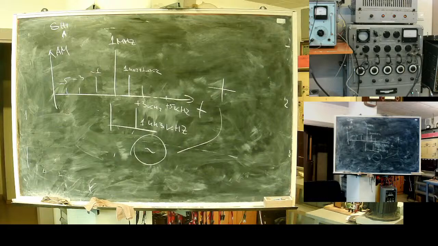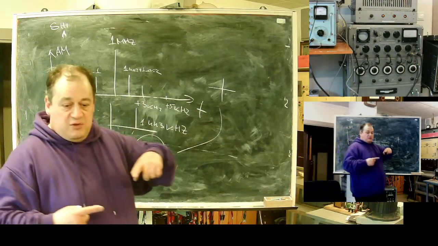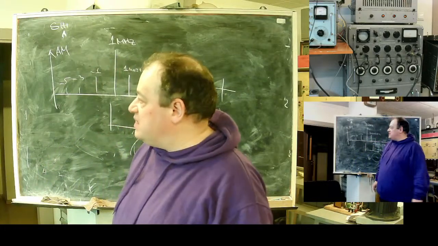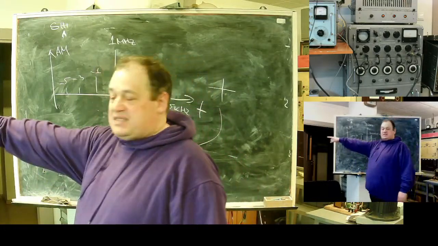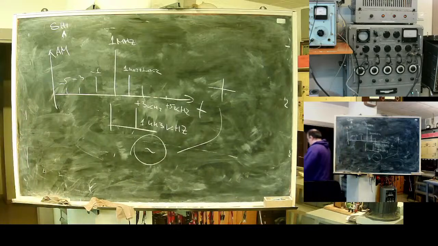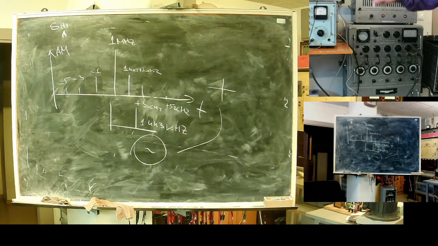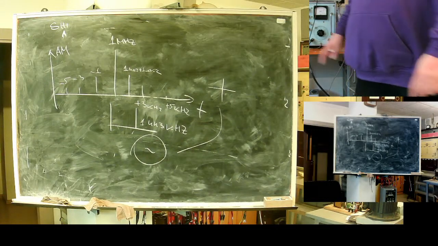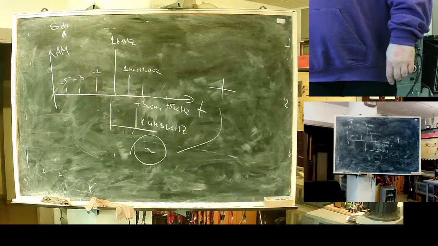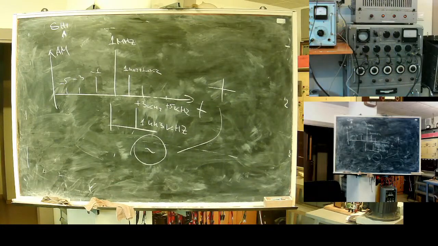What happened? With this trick, sum them all and filter the difference. I got my signal spectrum after modulation, but on which frequency? On the difference between signal and heterodyne.